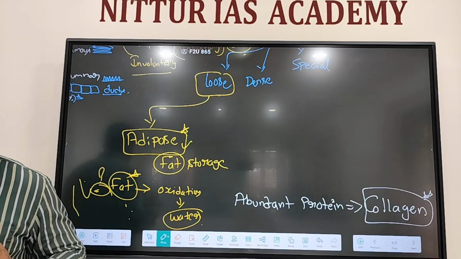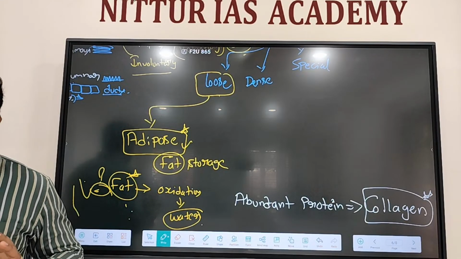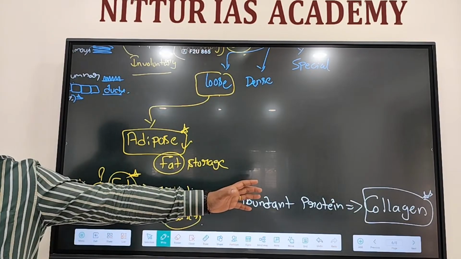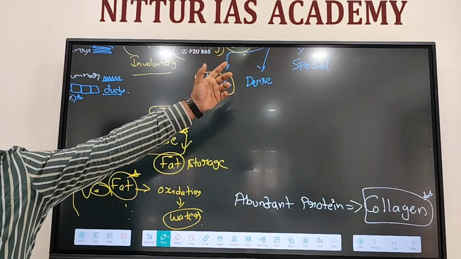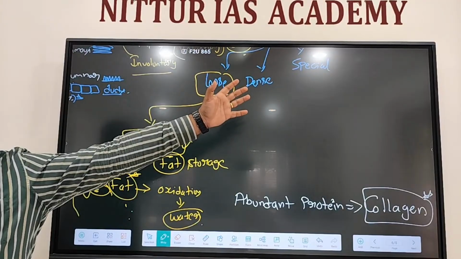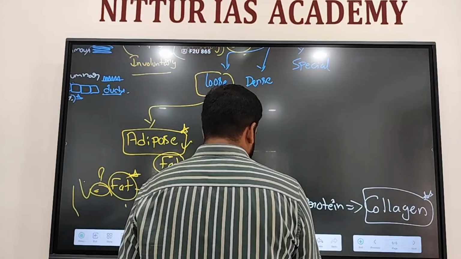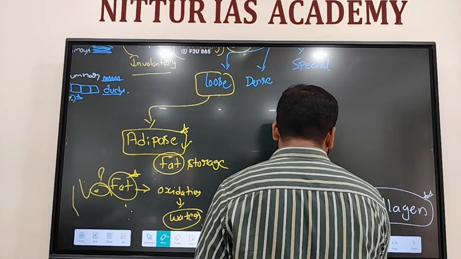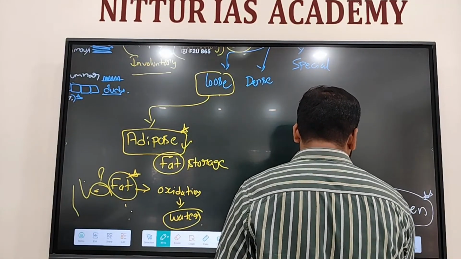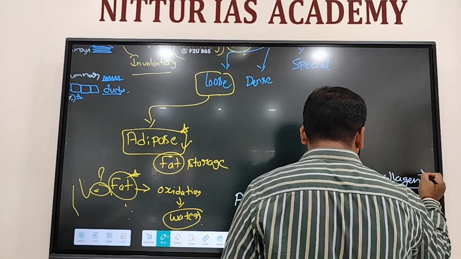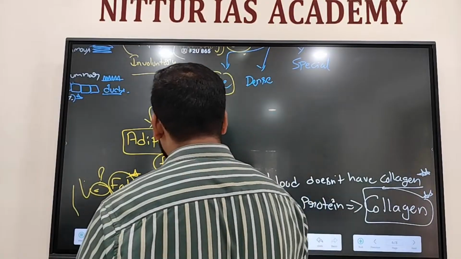Blood is also a connective tissue, but blood does not have collagen. If they ask a question about connective tissue, this is a very important point: blood does not have collagen.